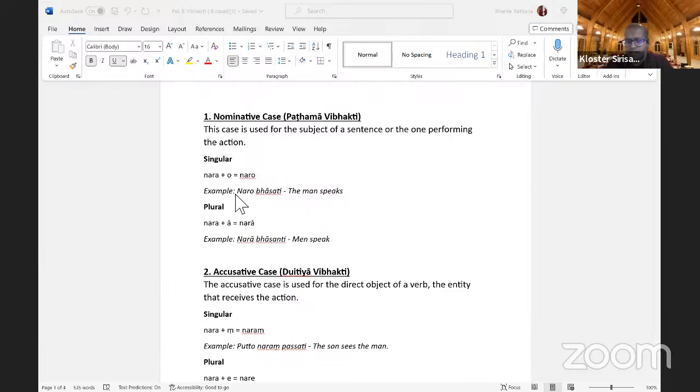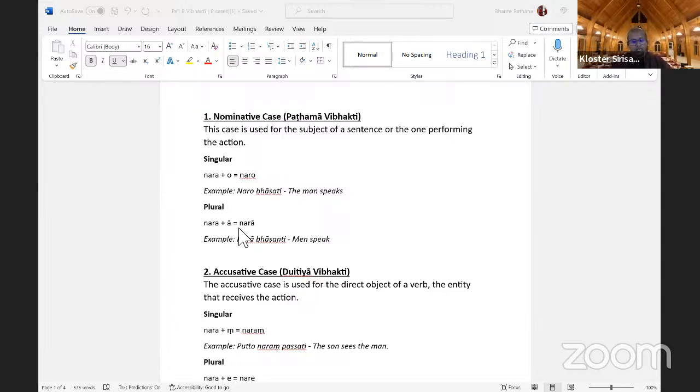Naro is the singular form. The plural form stem is nara plus a, so altogether nara is plural.